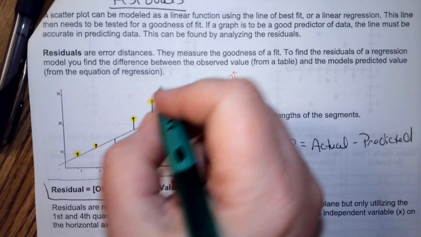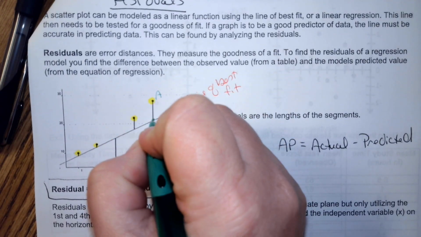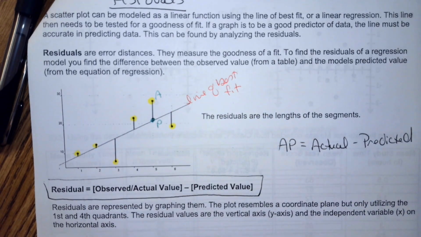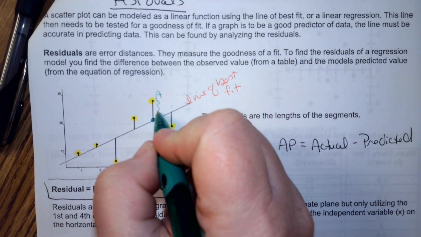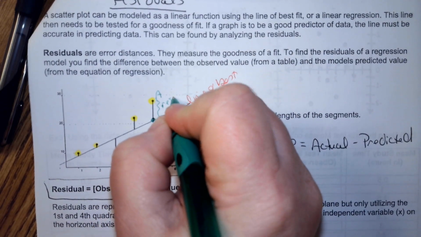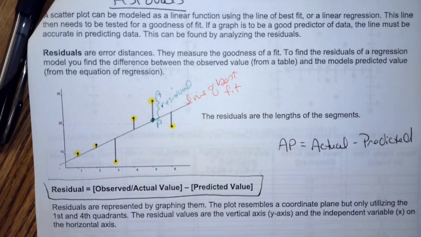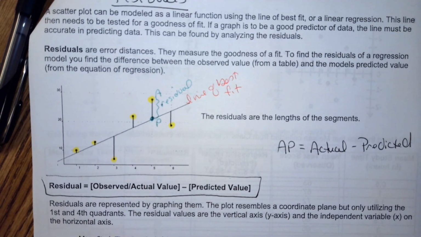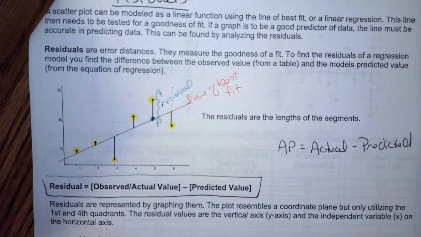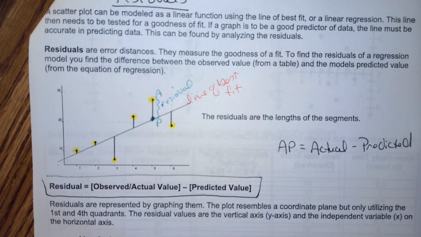So if this is the actual, and this point on the line of best fit is your predicted, you just find the difference between those two, and that difference is your residual. You're basically trying to figure out how far off you were in your prediction from what actually happened.